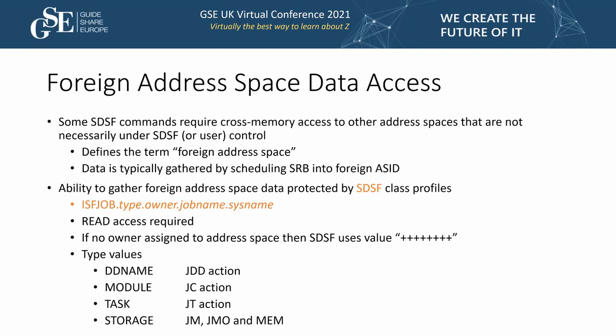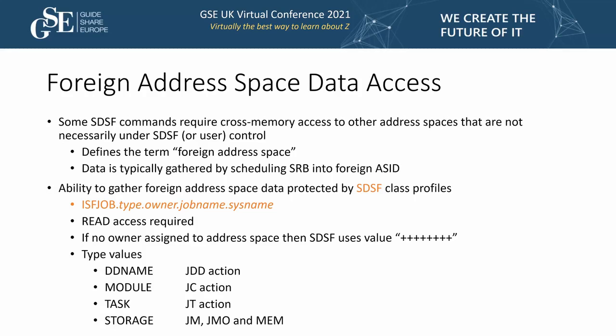So the ability to do that is protected by a sequence of SDSF class profiles, where we construct an ISF job profile that includes the owner, if we can determine the owner of the address space, its job name, its sysname, and the type of access that we need.